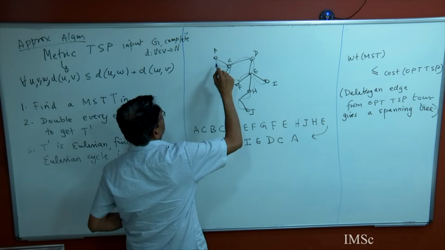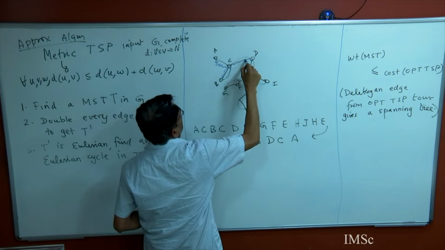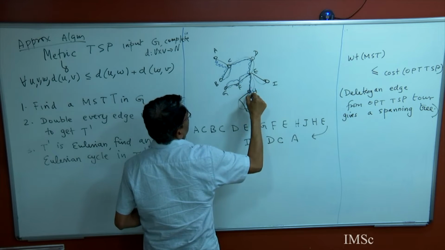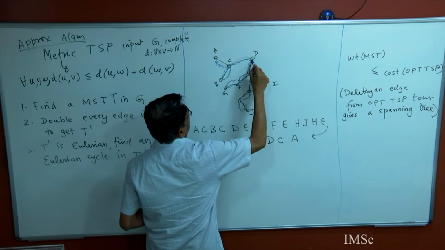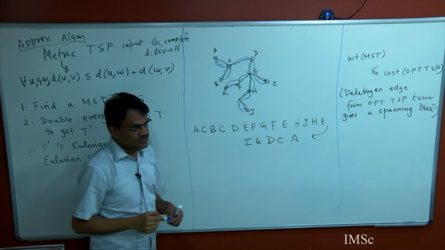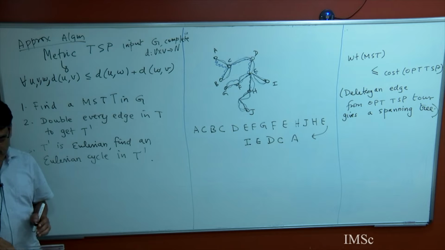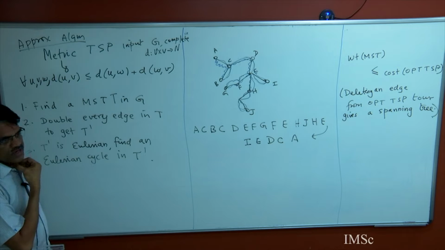So, some Eulerian cycle: start from here, go back here, like that. That's what I've written down. Because it's an Eulerian graph, we can find the Eulerian cycle in this graph.